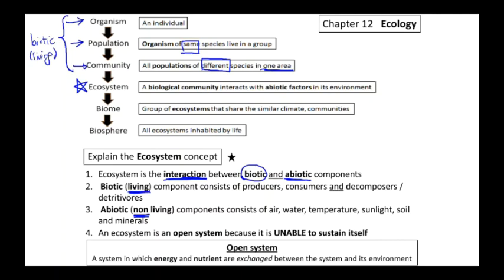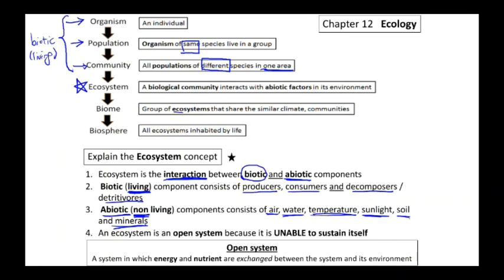For example, we have this, and we will learn them later. What about the abiotic factors, the non-living things? We have air, which is the atmosphere, water, the hydrosphere, temperature, sunlight, soil, and minerals, they are the lithosphere. So we will have these living things interact with the non-living things in the environment. Together, this is what we call an ecosystem.